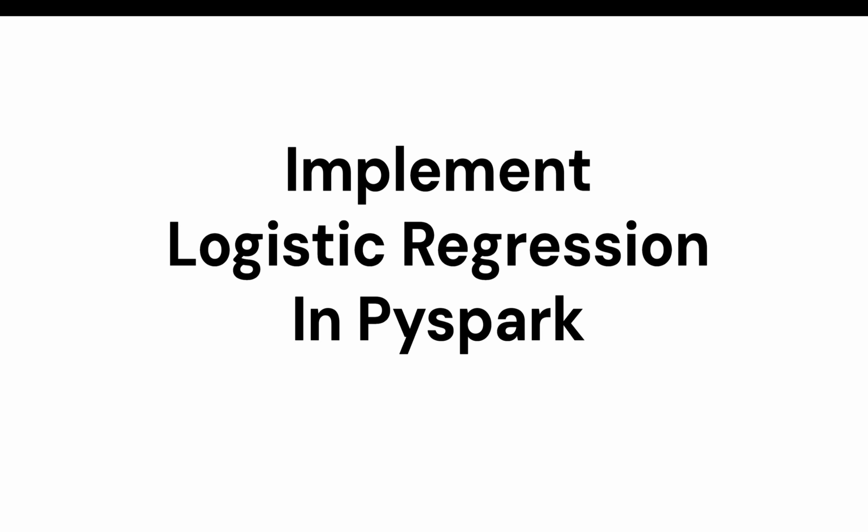So we are going to implement multi-class logistic regression here. The reason is most of the online documentation that I saw was mostly talking about binary logistic regression, so I thought let's make a video on the implementation of multi-class logistic regression. I will also cover binary logistic regression later on in my series.